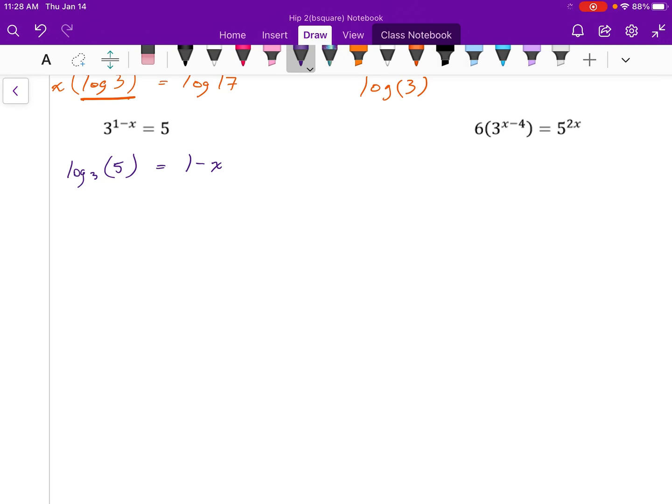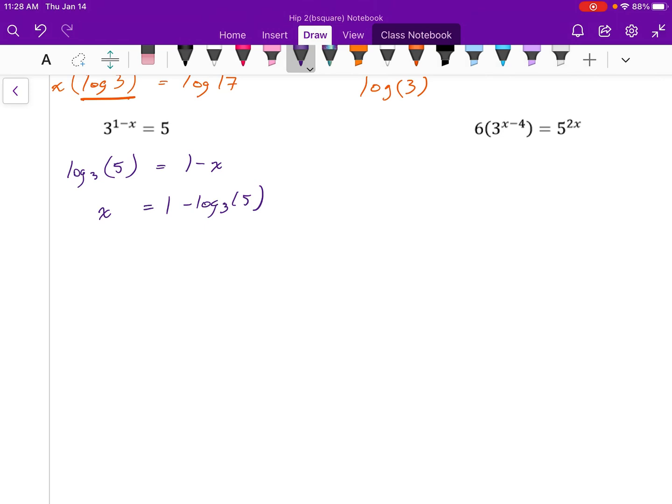By definition, I'm just writing it as a logarithm. So I'm going to add x to both sides, and I'm going to subtract log base 3 of 5 from both sides, and there's the answer that I get.